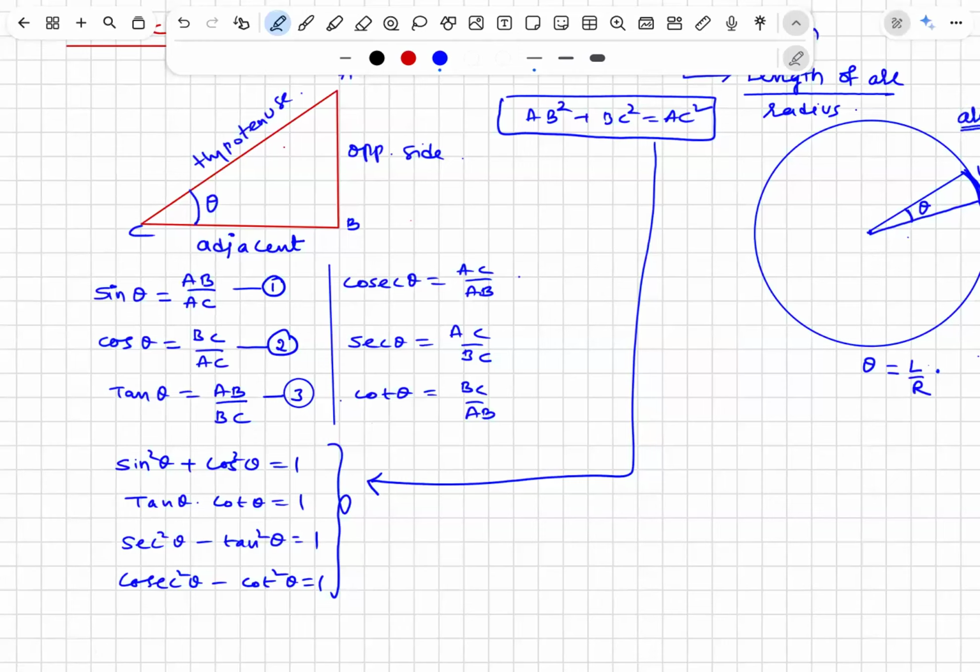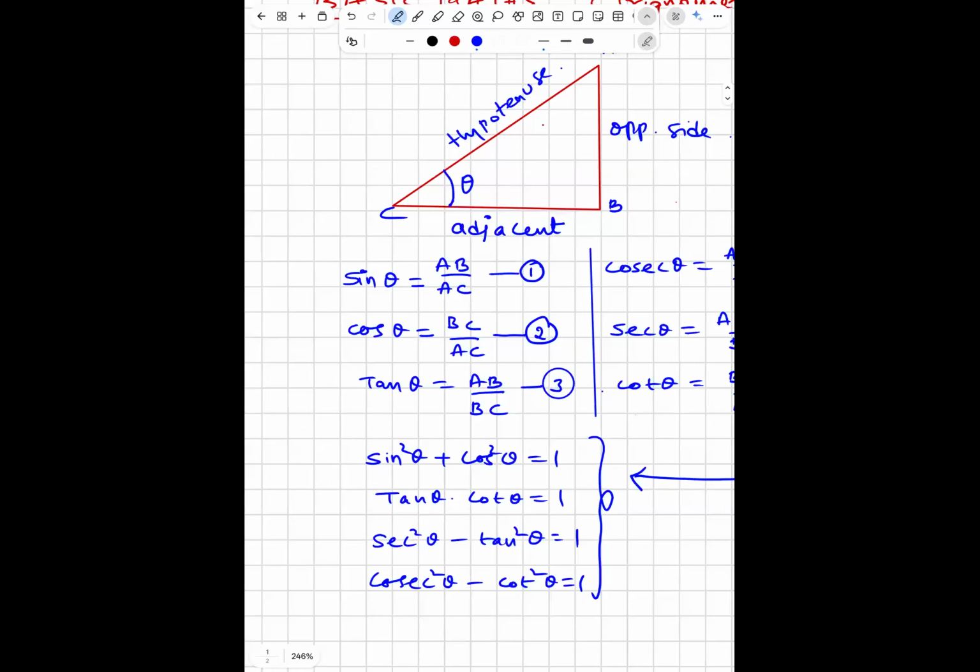If you have any doubt in any part of this, ask me. If you have any doubt at any part of this, please ask. Sure. Any doubt? Right.